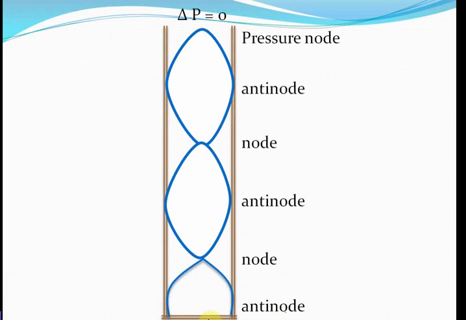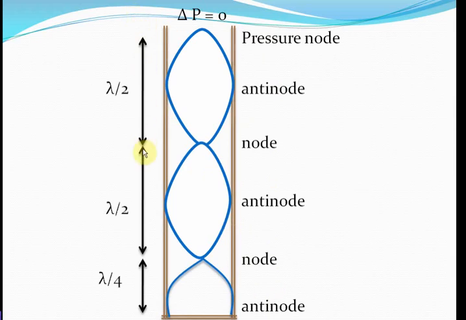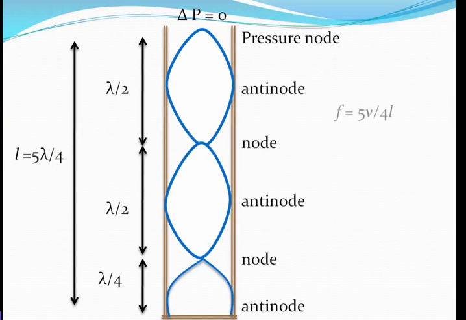So we've added this extra waveform here. Node, antinode, node, antinode, node, antinode. These distances are lambda by 2, lambda by 2 and lambda by 4, or the net length is equal to 5 lambda by 4, which simply means that the third harmonic frequency is F equal to 5V by 4L, the second overtone or the third harmonic.